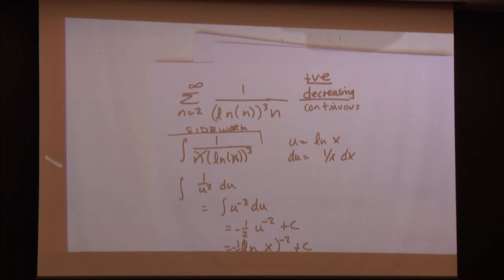No. And is there ever a point where ln n from 2 to infinity is negative? No. So it's always positive. It's decreasing. You have a constant over an increasing denominator. By definition, it's decreasing, which leaves continuous. Is there ever a point at which the denominator breaks, right? We're dividing by 0, or we have an ln of a negative number, or ln of 0, any of that sort of thing. Well, we go from 2 to infinity, so the denominator is never 0, and ln of 2 is a positive number, and we never go below that, so you don't have to worry about it. So it's continuous. So it matches all 3 characteristics. You have to do that to use the integral test. You cannot forget.